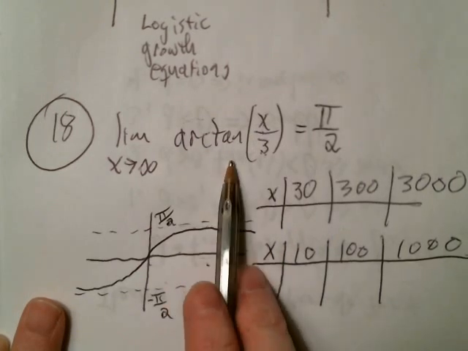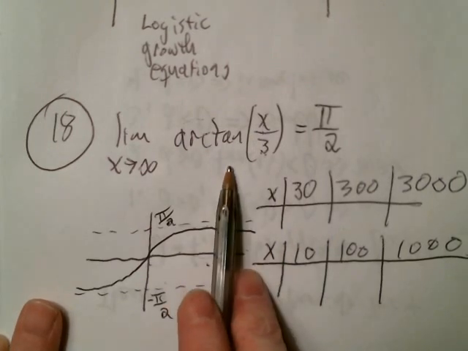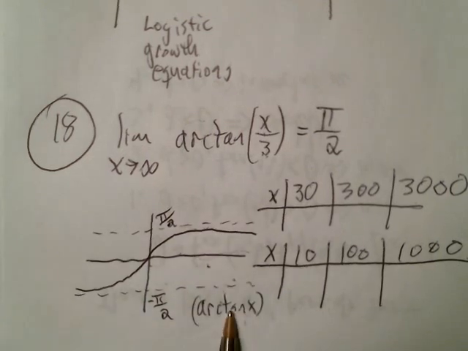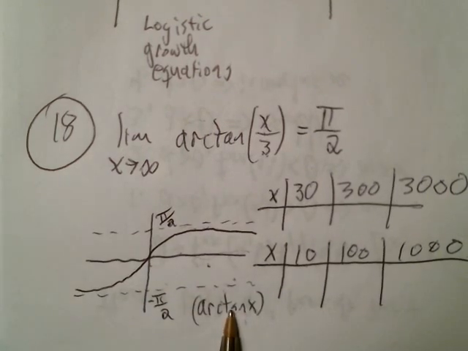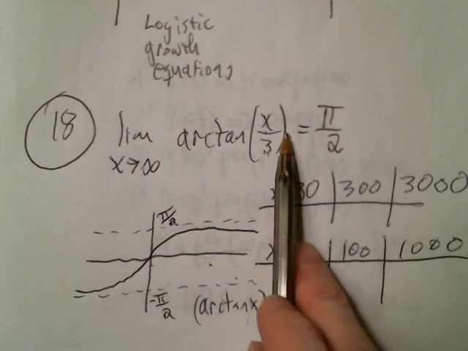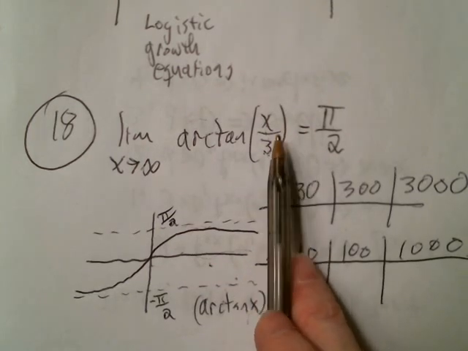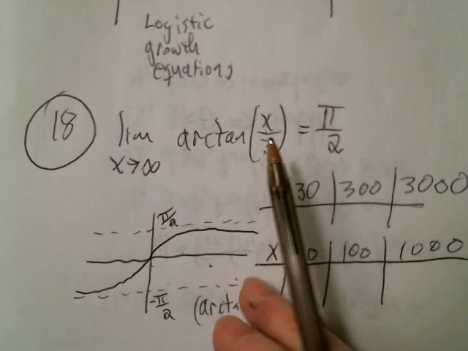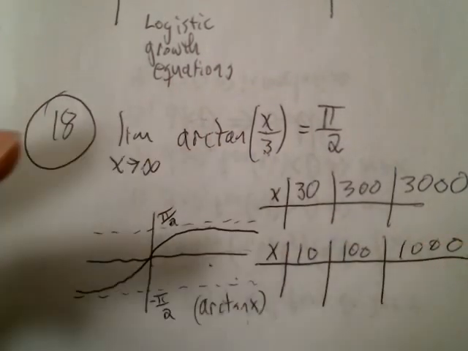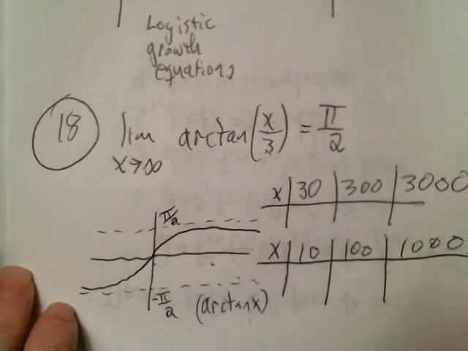And so this guy is just going to get to pi over 2 slower than this guy. If you think about it, when you divide by a number, it's going to stretch it out horizontally, right? So that was all of our computations with translations of graphs.